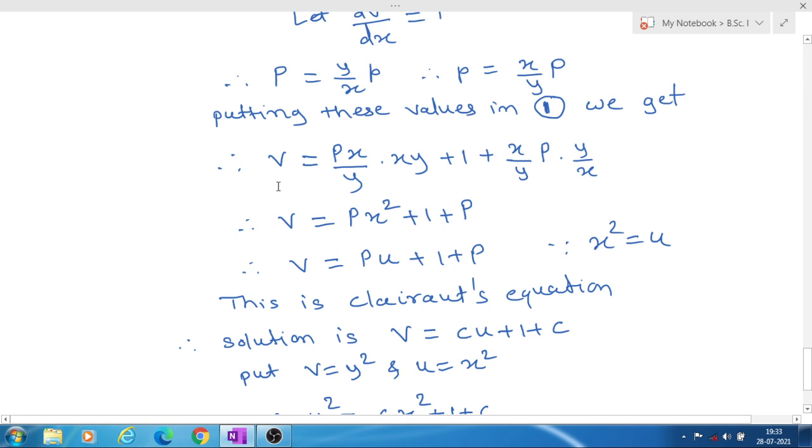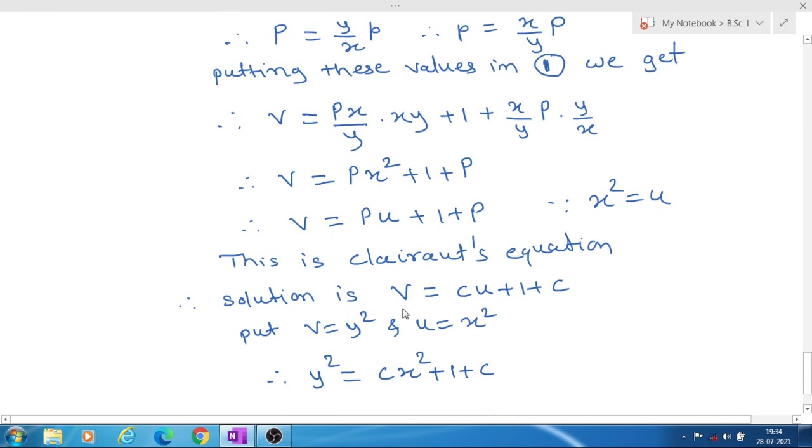Substituting these values, we get v = P(x/y)·xy + 1 + P(x/y)·(y/x). Here y gets cancelled, and x and y get cancelled, so v = P(x² + 1) + P. Now the value of x² is u, therefore v = P(u + 1) + P.